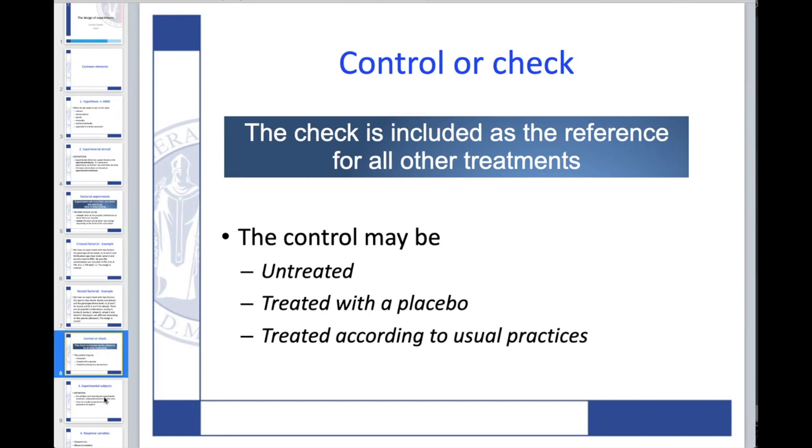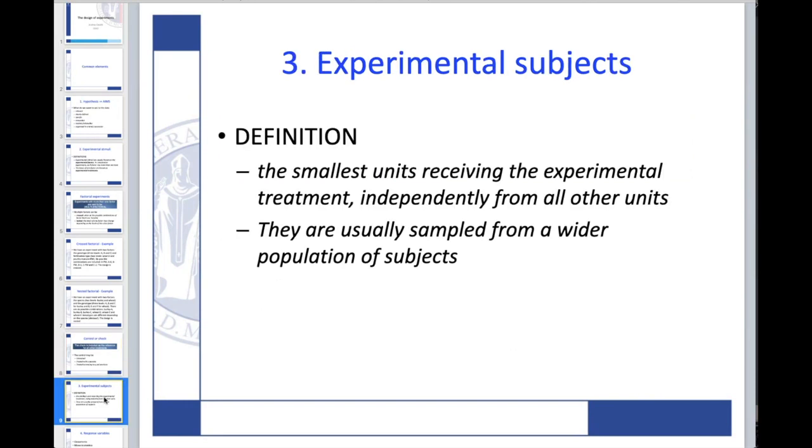But then we have to talk about the subjects. Once we have decided which treatment we want to compare, then we need to select the subjects, or who, if they are humans, are going to receive the treatments. So our definition is this one: the smallest units receiving the experimental treatment independently from all other units.